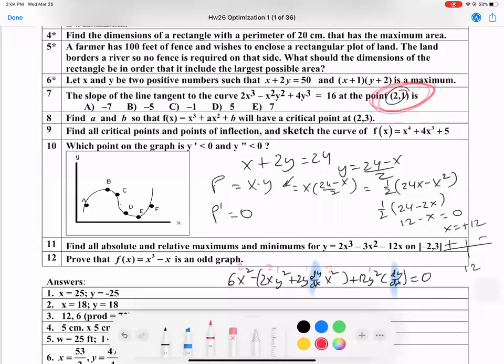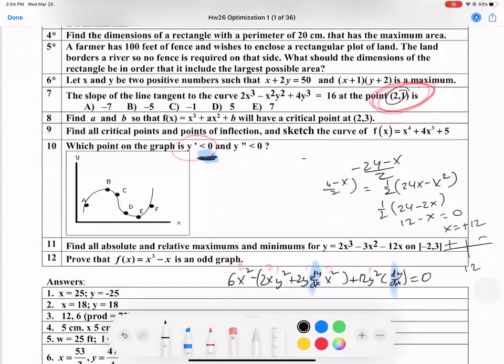Number 10: which points on the graph have y prime negative and y double prime negative? These are types of questions that you actually see on the AP. They'll ask you, is it A? Is it B? Is it AB? All these complicated types of questions, but it's through experience. So what does y prime being negative mean?